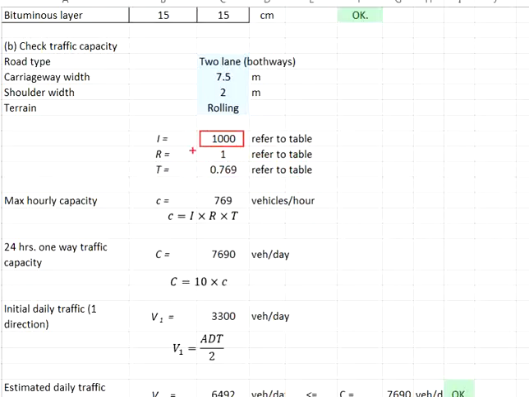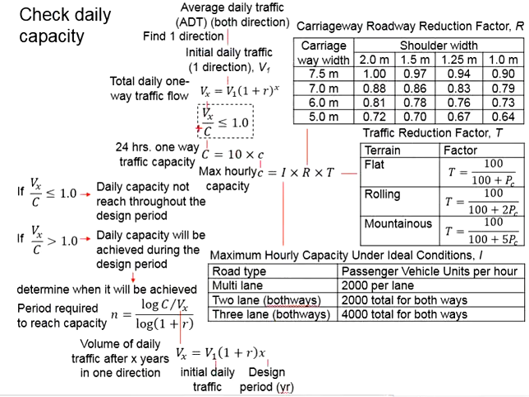Multiply I, R and T, you get the maximum hourly capacity, 769 vehicles. To get the full day maximum traffic capacity, the C here needs to be multiplied by 10 as given by the equation here. That gives you 7690 vehicles per day. This is about the capacity here.